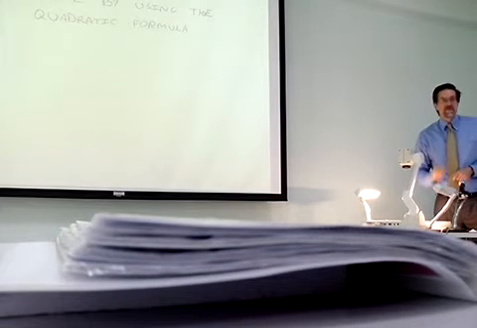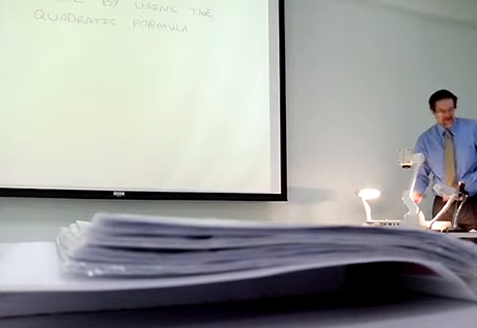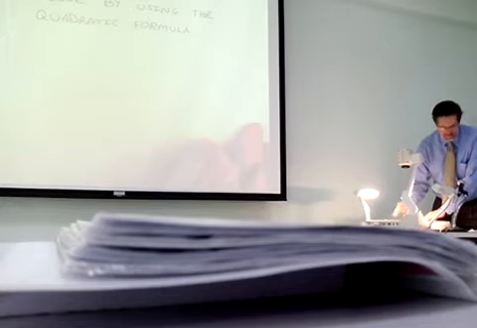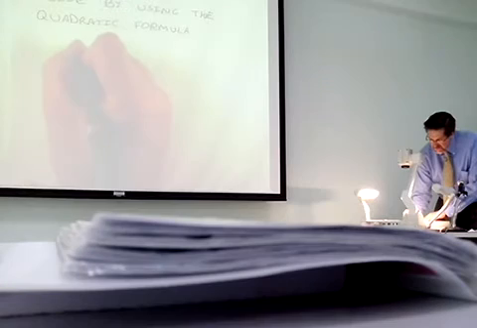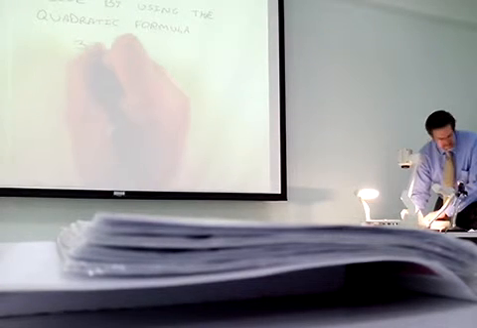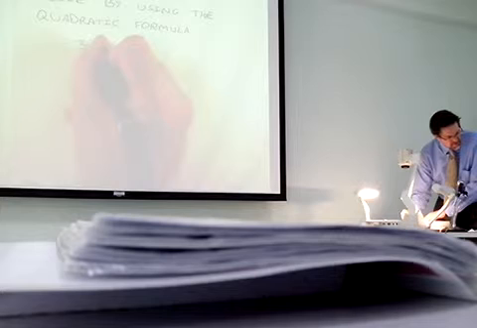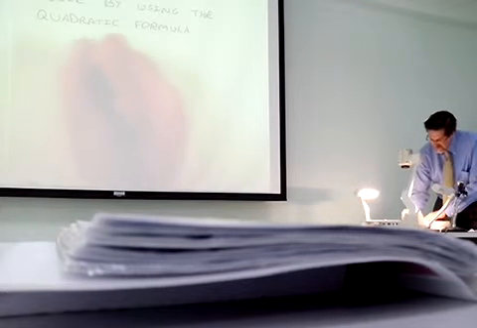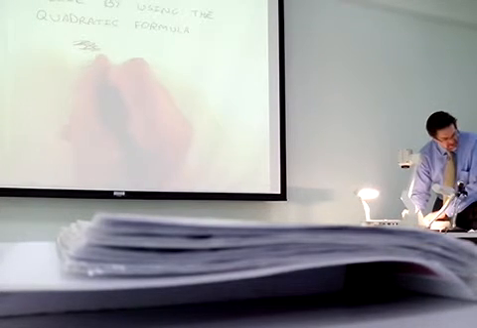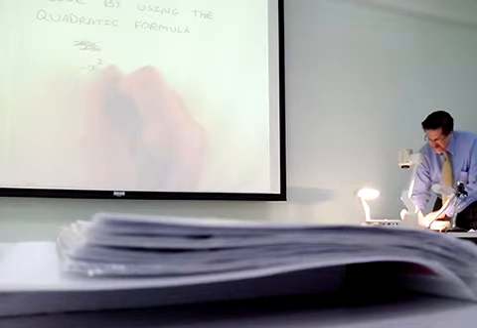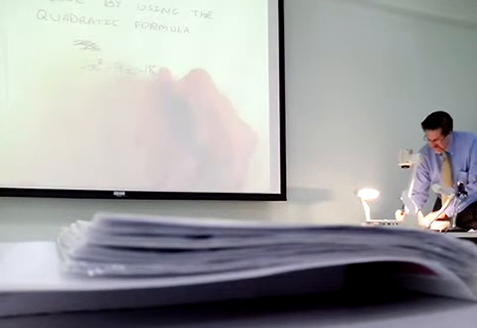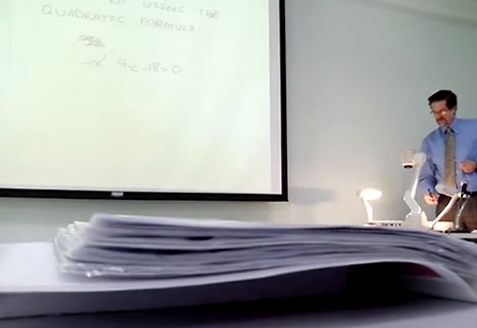Now, many got this wrong in the exam. So, negative 2x squared minus 9x minus 18 equals 0.